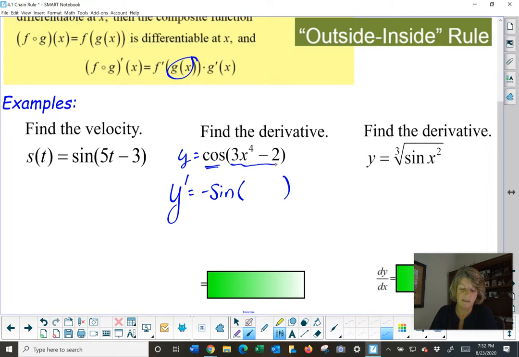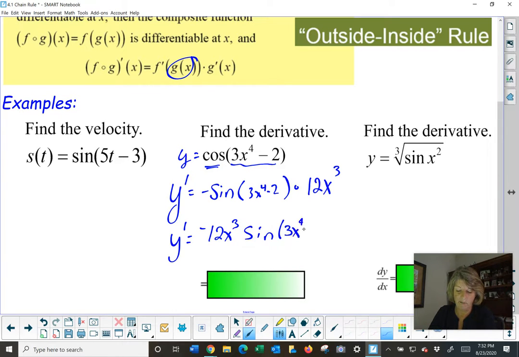G of x is this, so 3x to the fourth minus 2. No derivative on that yet. Chain off, and we have 12x cubed. I don't like the way that's written, so I'm going to organize it. Negative 12x cubed sine of 3x to the fourth minus 2.